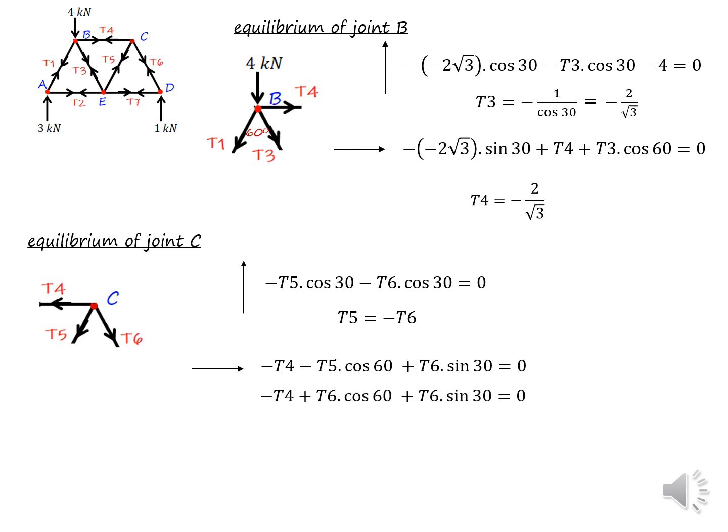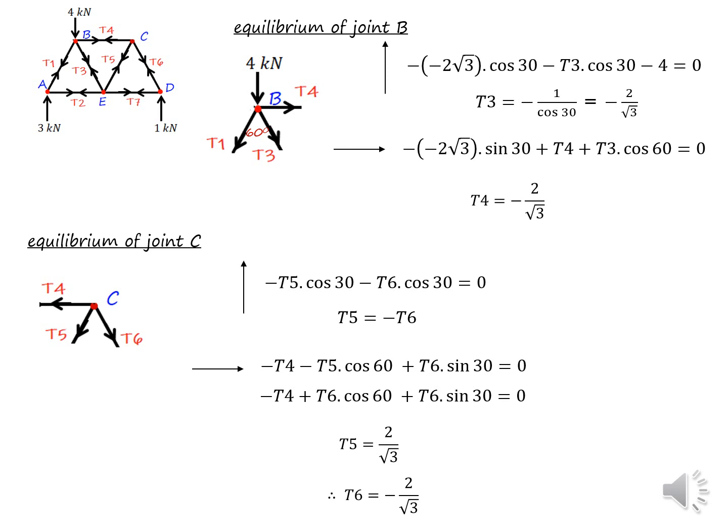Using T5 equals minus T6, you can obtain T5, because T4 is a known value now. So T5 is 2 divided by root 3. Now, knowing T5 from the above equation, you can get T6 as minus 2 divided by root 3.